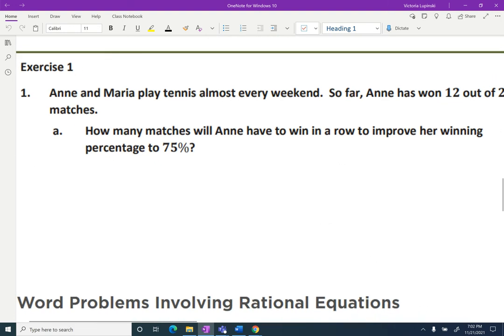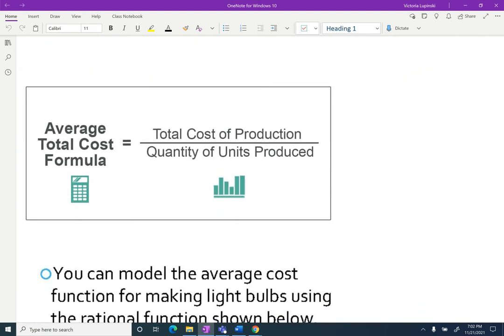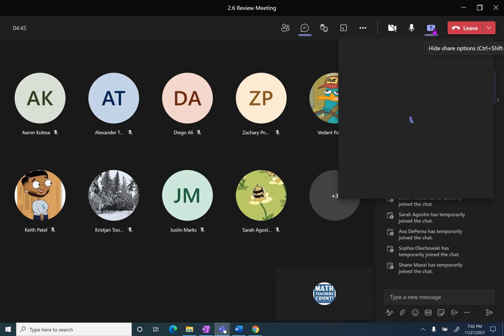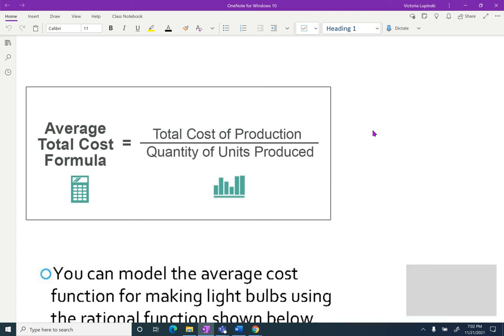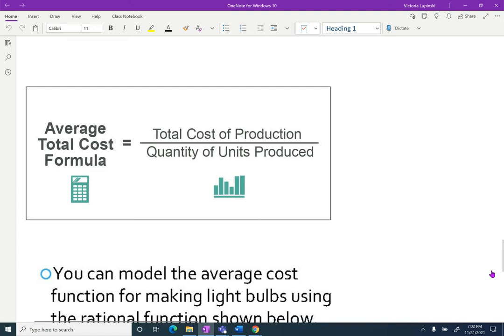So when we did the couple in class, we mostly did ones that were talking about average cost. Oh, hold on. I don't think I shared my screen, which is not helpful. All right, let me try that again. Okay. Just to check first, can you guys see my class notebook? Yeah. All right. Thank you.